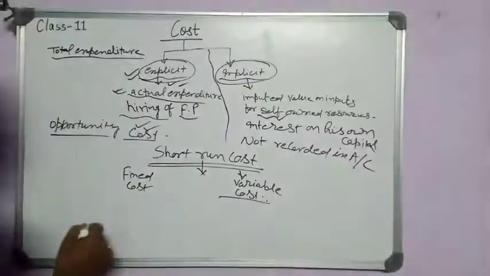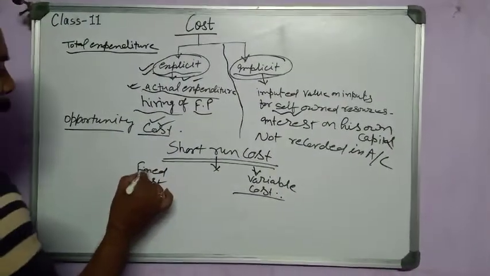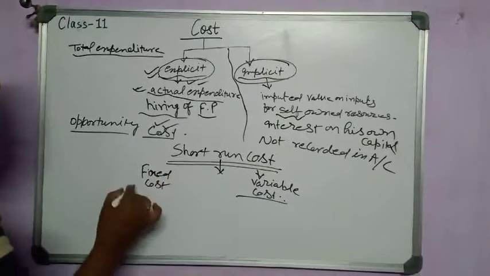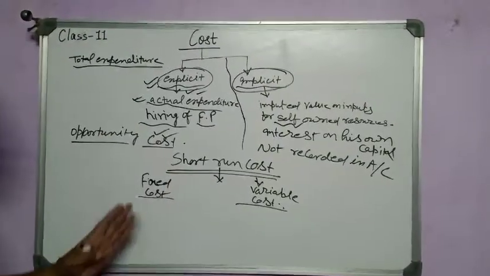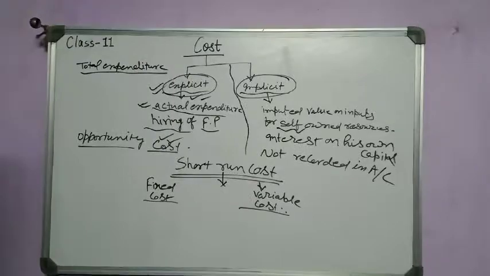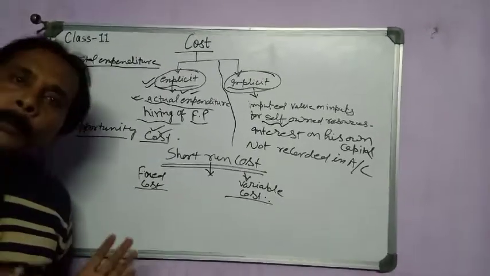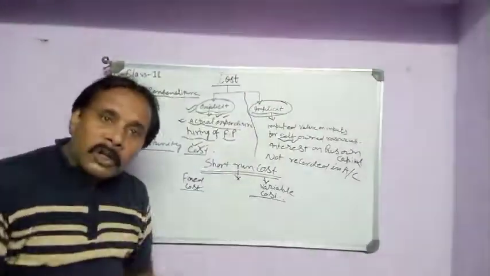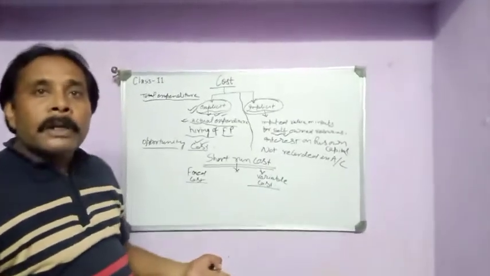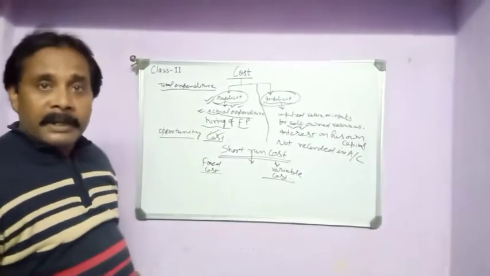Okay. So now first come to the fixed cost. So what is fixed cost? Clear? These are those costs of a producer which do not change as output either increases or decreases.